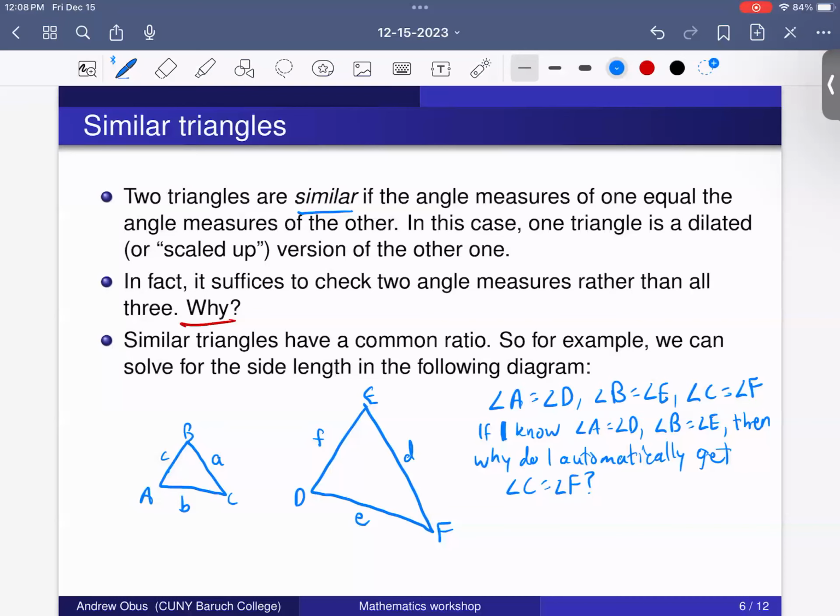So angle A equals angle D and angle B equals angle E. I am not telling you that angle C has to equal angle F, and I'm not assuming that these triangles are similar. I want you to convince me that, in fact, these two triangles are similar, just based on the fact that angle A equals angle D and angle B equals angle E. Why is that alone enough information to conclude that the triangles are similar? Or in other words, why is that alone enough to conclude that angle C equals angle F?